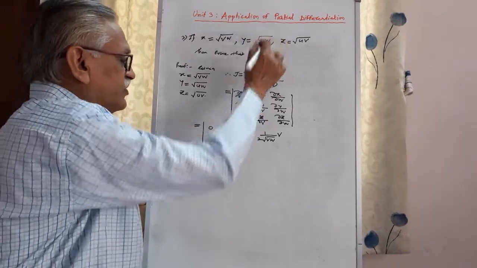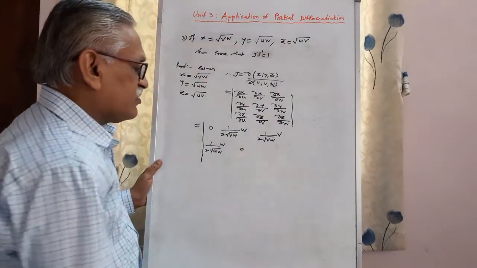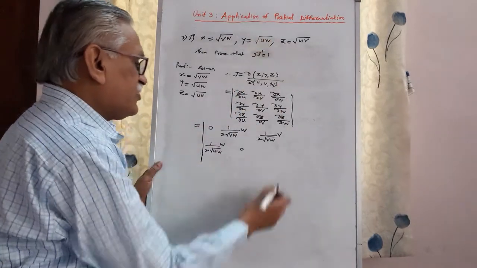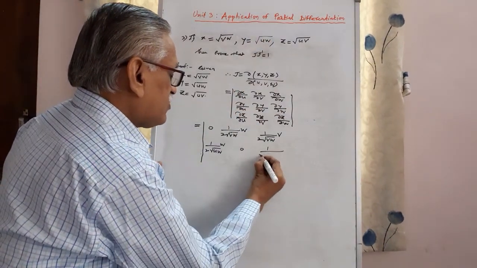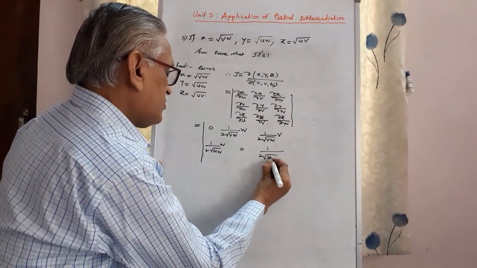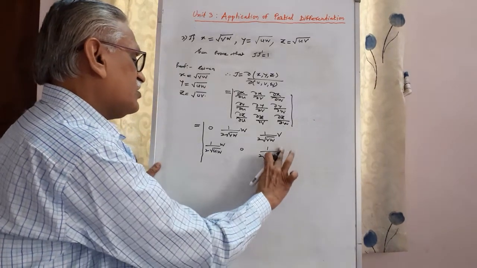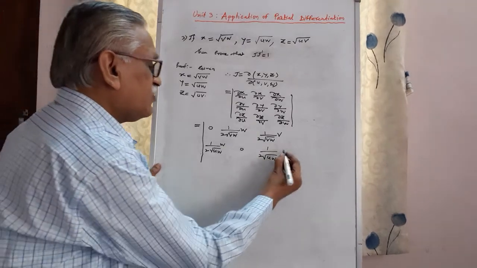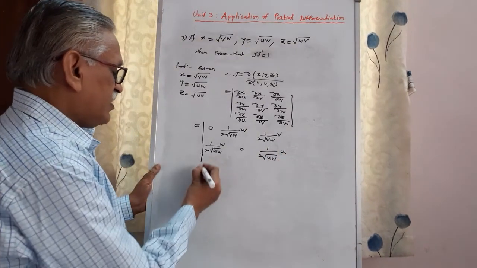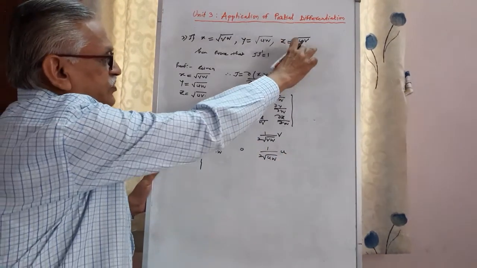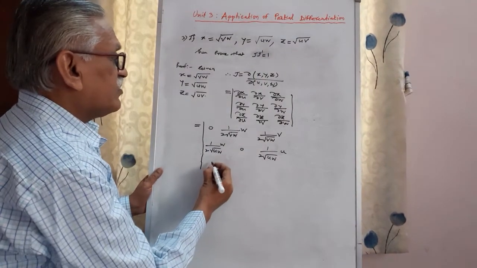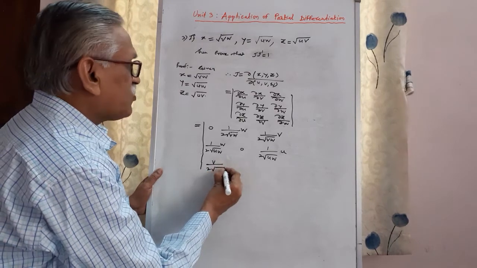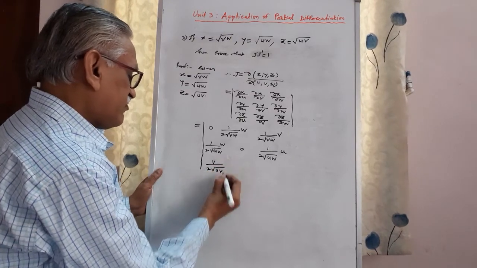Then its derivative with respect to v is 0, as no term is there for v, and its derivative with respect to w is 1 by 2 times root of UW, chain rule, differentiation of this with respect to w is u. And lastly differentiation of this with respect to u is v divided by 2 times root of uv.